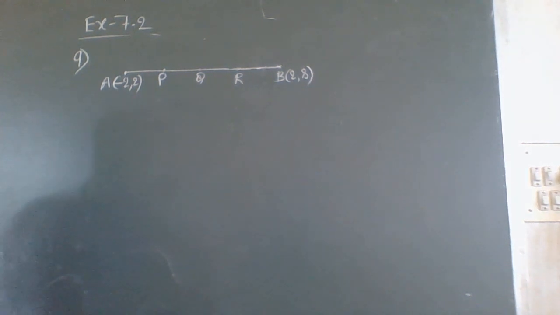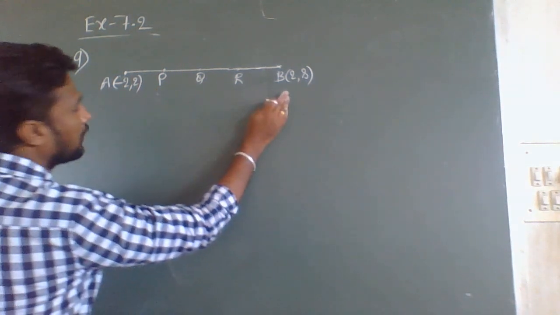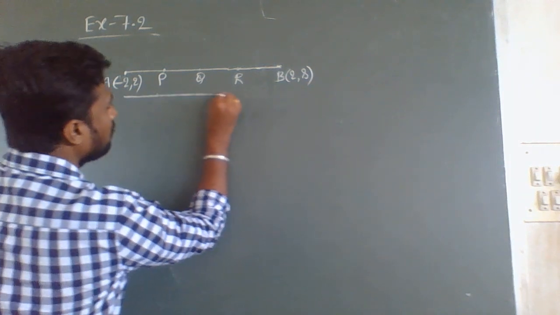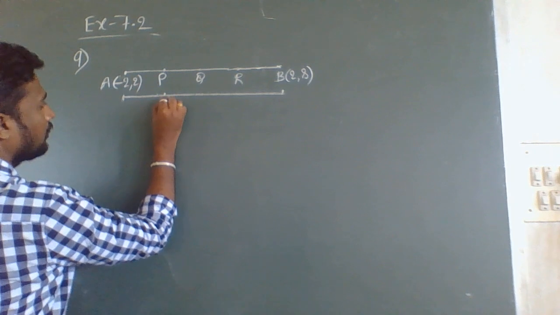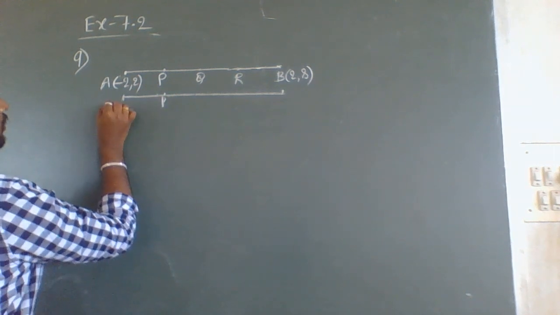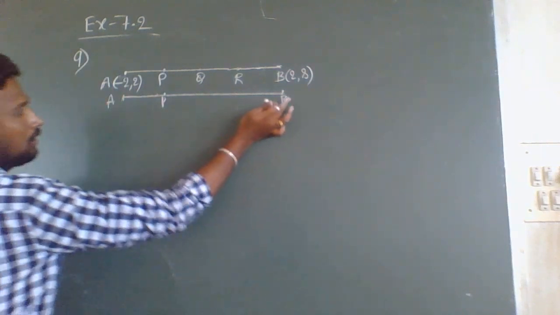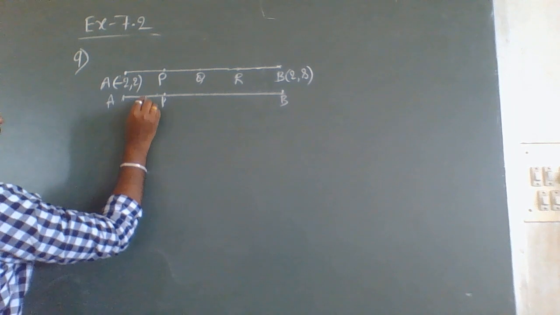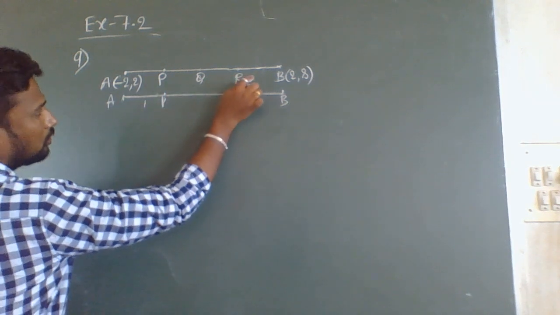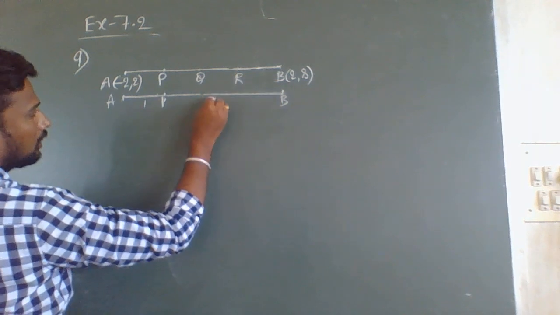Here they have not given any ratios. So this point P is dividing line AB in the ratio. If we consider this point P, here only one part is there, AP, and here 1, 2, 3, meaning PQ, QR and BR, there are 3 parts.